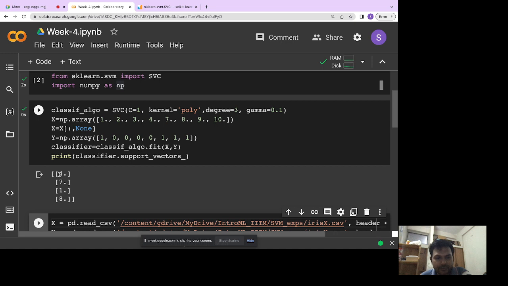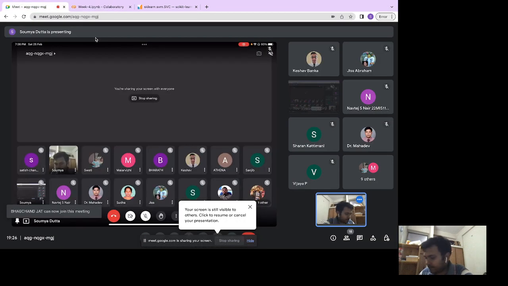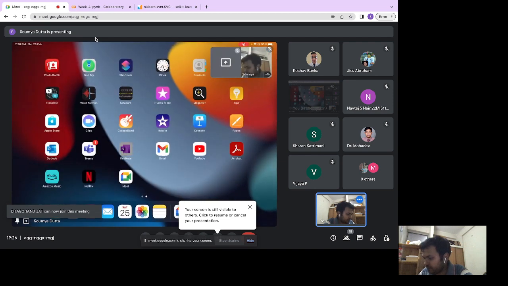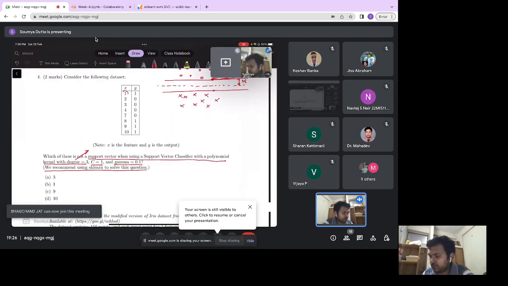See, you have four support vectors. For your four support vectors, you have 4, 7, 1, and 8. And now if I again share my original screen, yeah, 4, 7, 1, and 8.